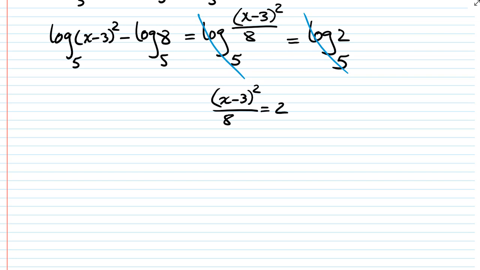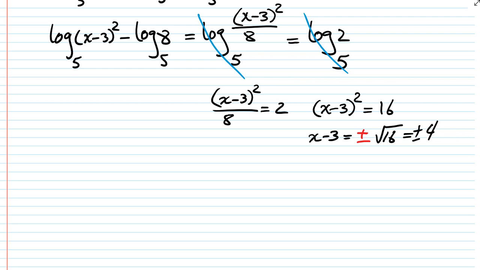And we can multiply both sides by 8, and I get x minus 3 squared equals 16. And then use the square root property of equations. Let's take the square root of both sides, and that'll be x minus 3 equals, when we take the square root using the square root property, the moment you do it, you have plus or minus on the constant on the right side. So this is going to be plus minus 4.